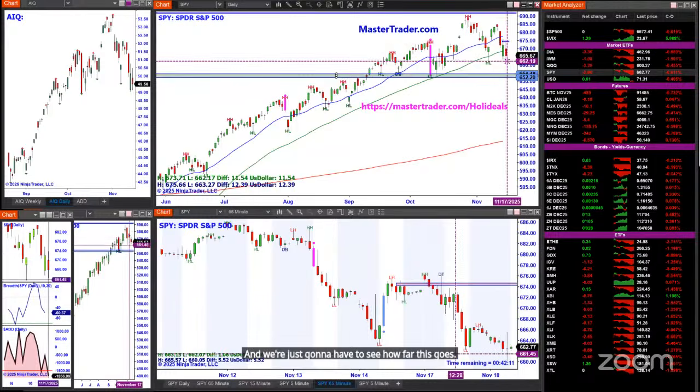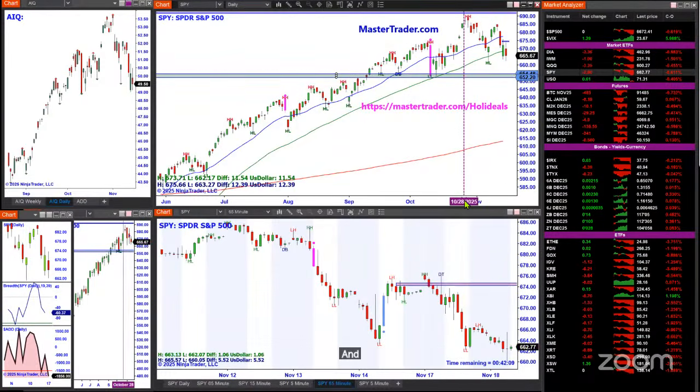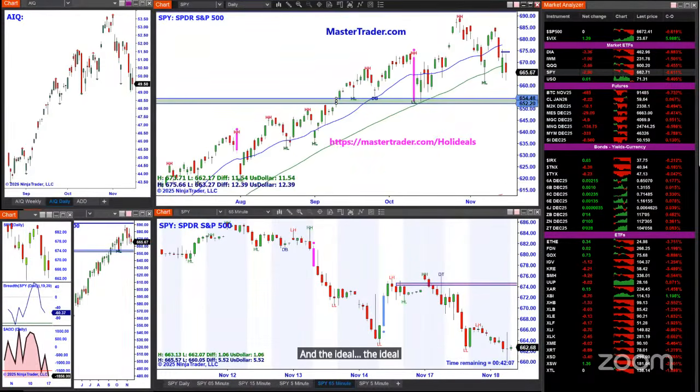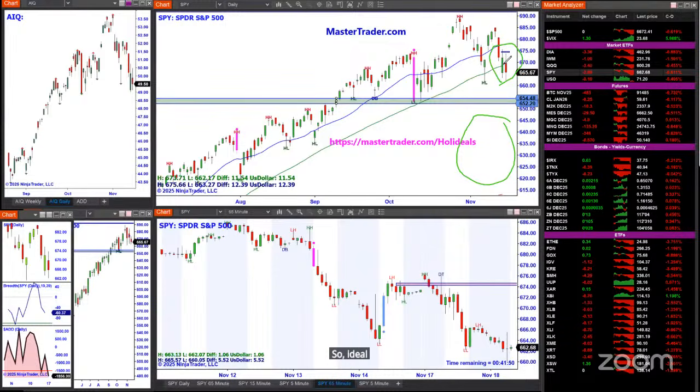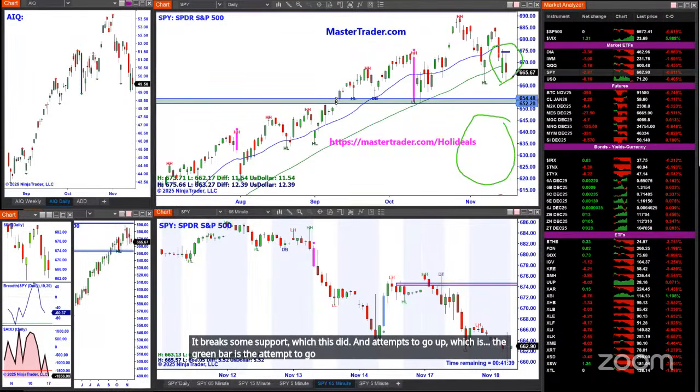So here's the 180 and the ideal 180s, which this isn't, as I said. Let's just say this had gone down, and here you've got a little void down here. So ideal 180s is maybe this was down several days. It breaks some support, which this did, and attempts to go up, which is what the green bar is, the attempt to go up, and flips right back down again.